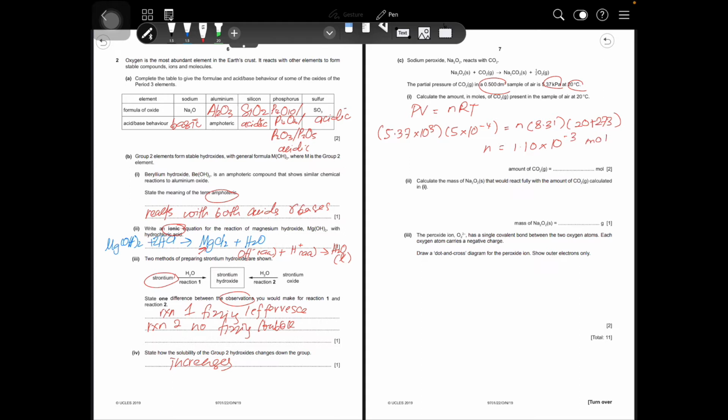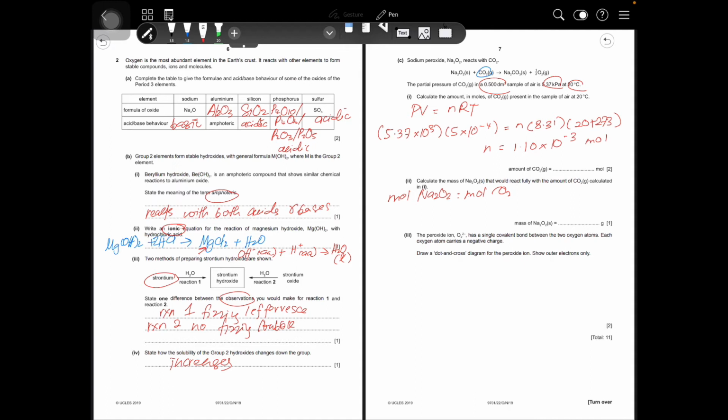Calculate the mass of sodium peroxide that will react fully with the amount of carbon dioxide calculated in 1. The ratio between carbon dioxide and sodium peroxide is 1:1. Therefore, the mole of sodium peroxide is equivalent to the mole of carbon dioxide.